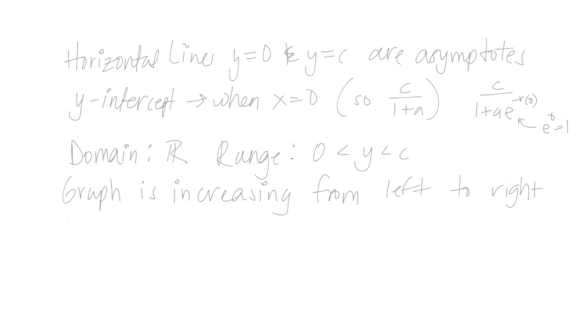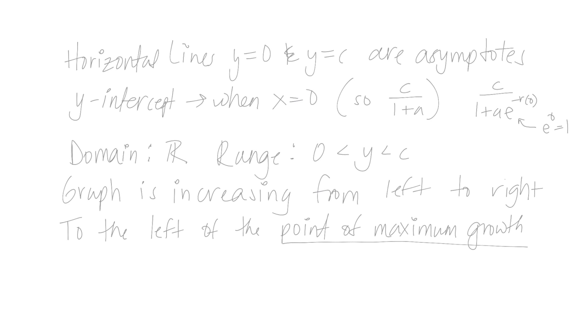So to the left of the point of maximum growth, which is the natural log of a divided by r, that's the x value, comma c over 2, which would be the y value, the rate of increase is increasing.